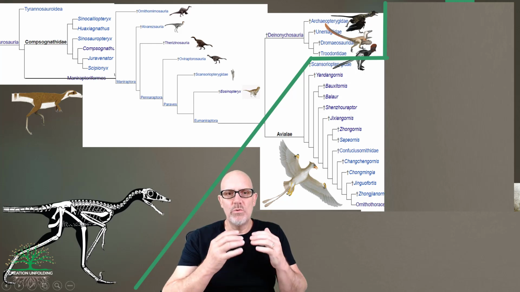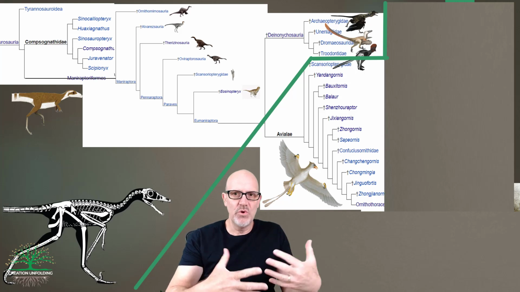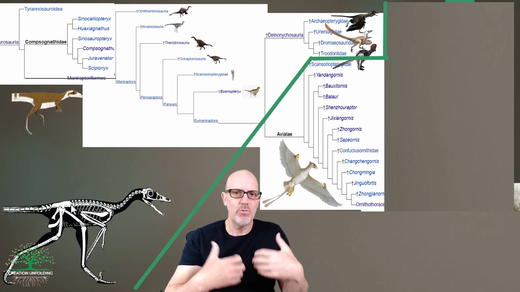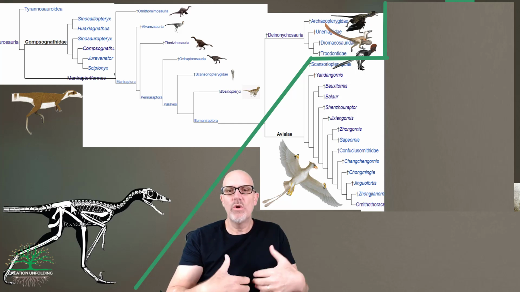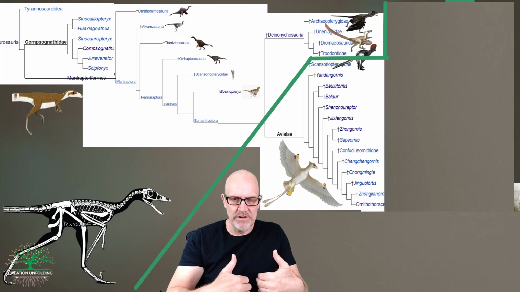And so we would classify them as dinosaurs, whether they had feathers, whether they flew, because we're classifying not according to feathers and flight, we're classifying them according to their bone structure, and their bone structure is dinosaurian. So that's why we would classify them as dinosaurs and not birds.